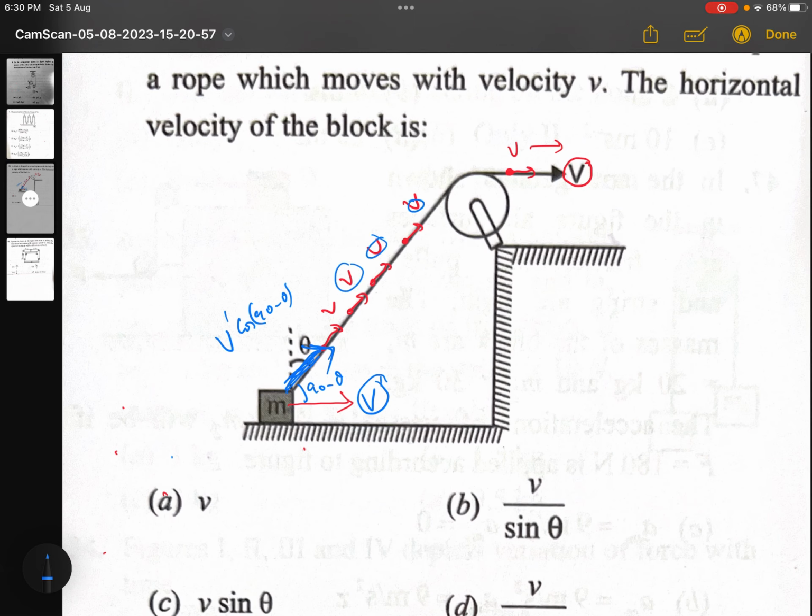Therefore v dash cos(90 minus theta) is equal to v. Since cos(90 minus theta) is sin theta, v dash is equal to v by sin theta. Therefore the velocity of the body horizontally is nothing but v by sin theta.